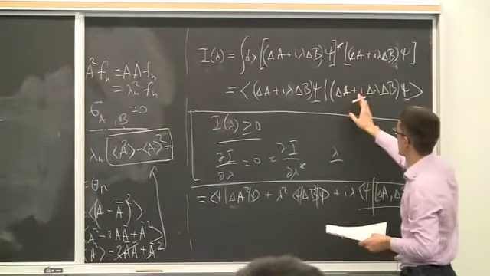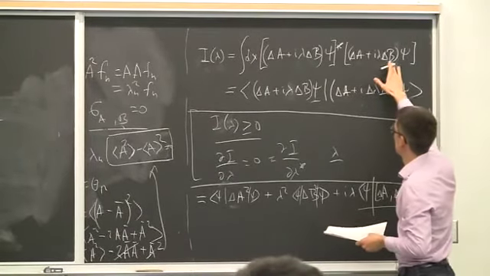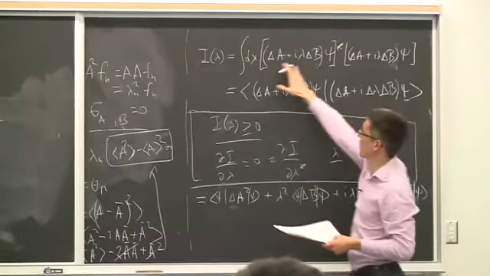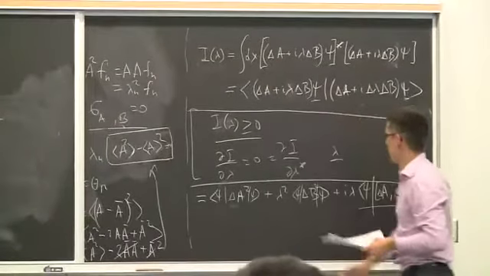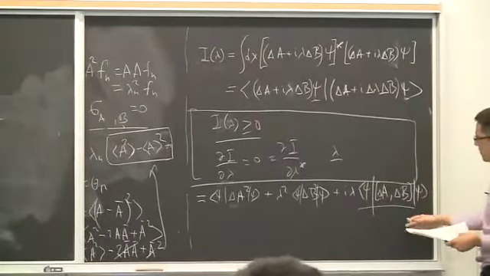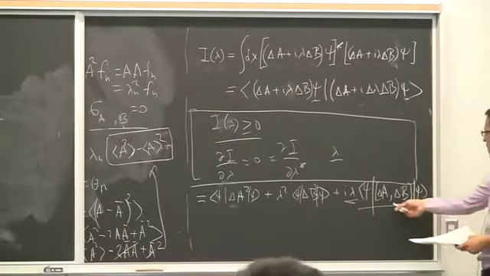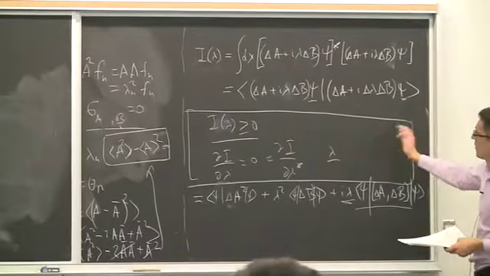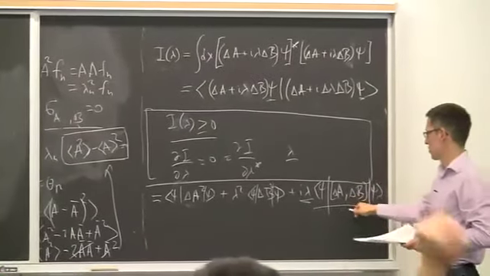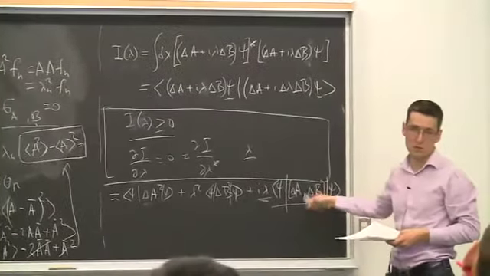That will be with a minus sign, but i lambda delta B from the bra part, multiplying delta A from the ket part, will be with a positive sign. So i lambda is taken outside, and delta A, delta B are in a different order and with a different sign, and we'll create the commutator.